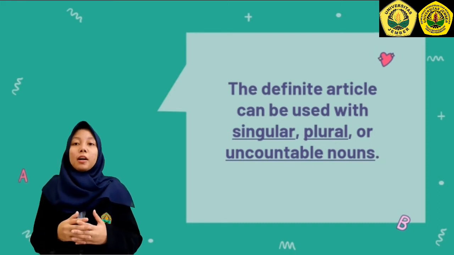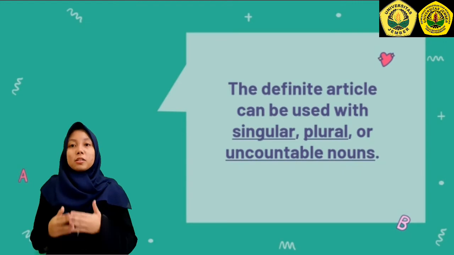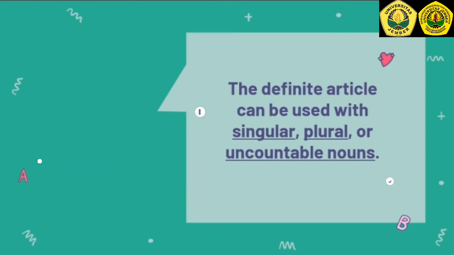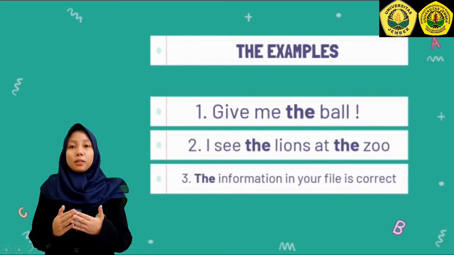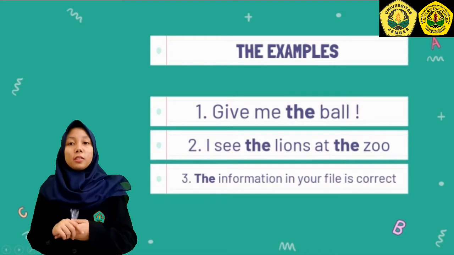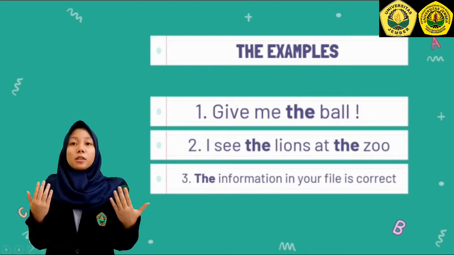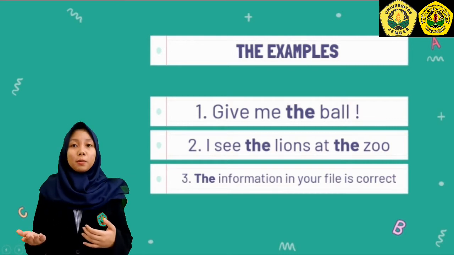And now, let's see the examples of definite articles in a sentence. Now, let's take a look at the first example. The sentence is, give me the ball. So the context, if you are bouncing a basketball and your friend might say, give me the ball.